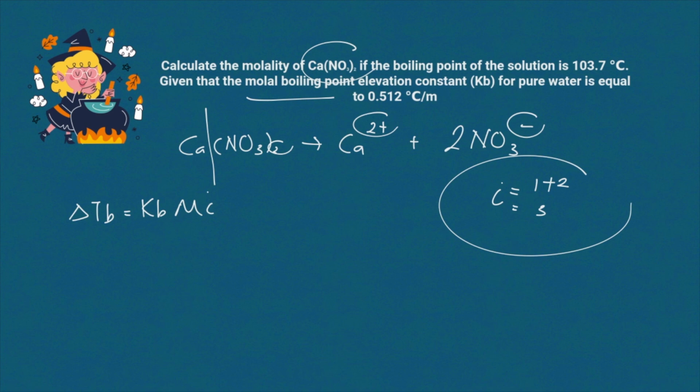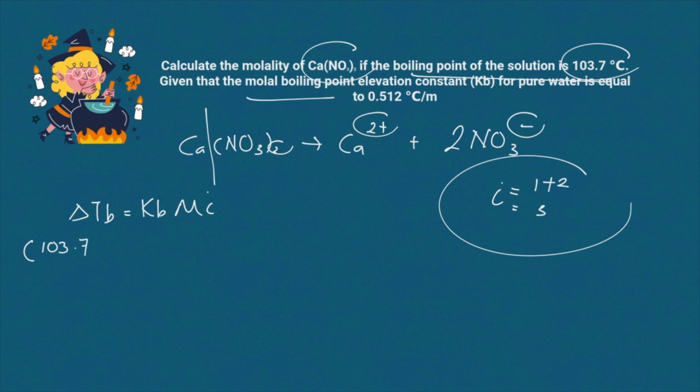Alright, what else is given to you? It states here that the boiling point of the solution is 103.7. You know that the boiling point of pure water is actually 100 degrees Celsius. So the new boiling point is 103.7.